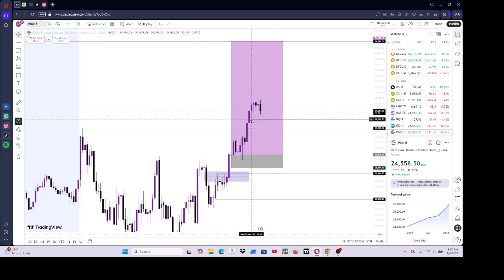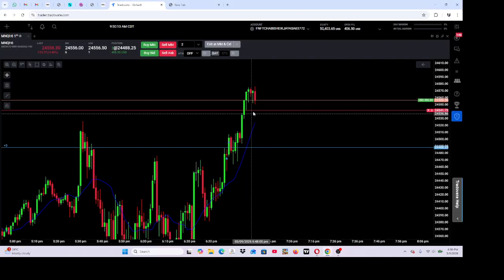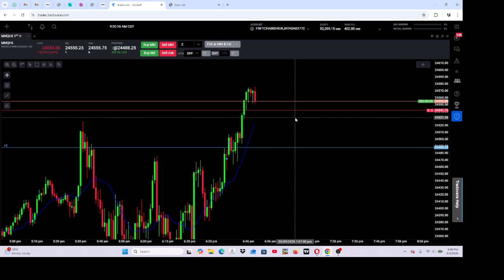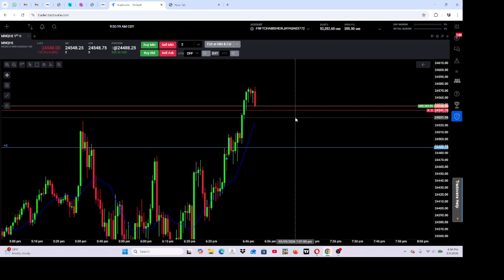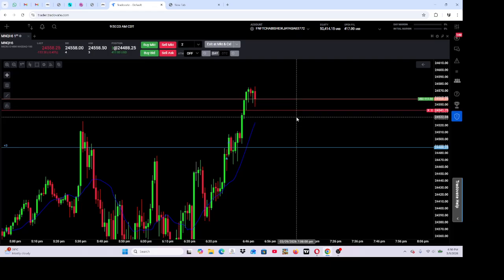Probably it will come to this FVG zone. But I don't want to take a risk. Even if it comes and grabs this, that's fine for me.